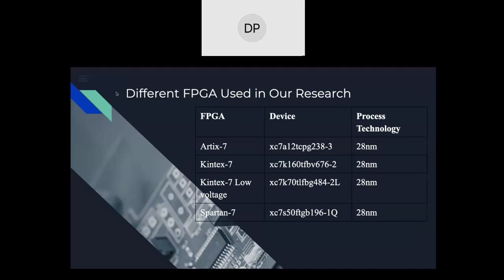Different FPGAs used in our research include 28 nanometer process technology: Artix 7, Kintex 7, Kintex 7 low voltage, and Spartan 7.